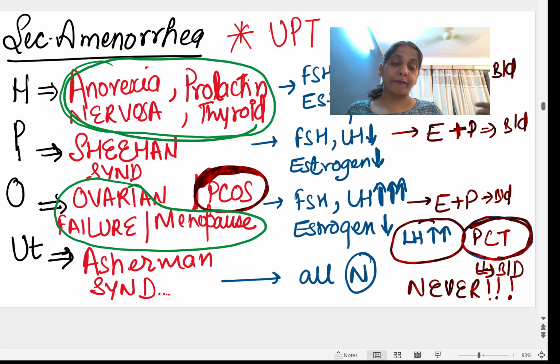Okay, and if it is complex hyperplasia with atypia, then the chances of cancer are 30%. If atypia is present, whether simple or complex, then we have to undergo hysterectomy. Okay, because chances of cancer are very high, 10%, 30%.